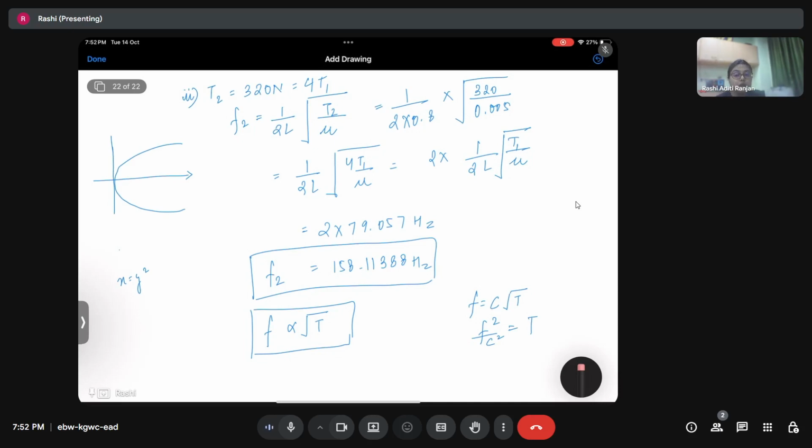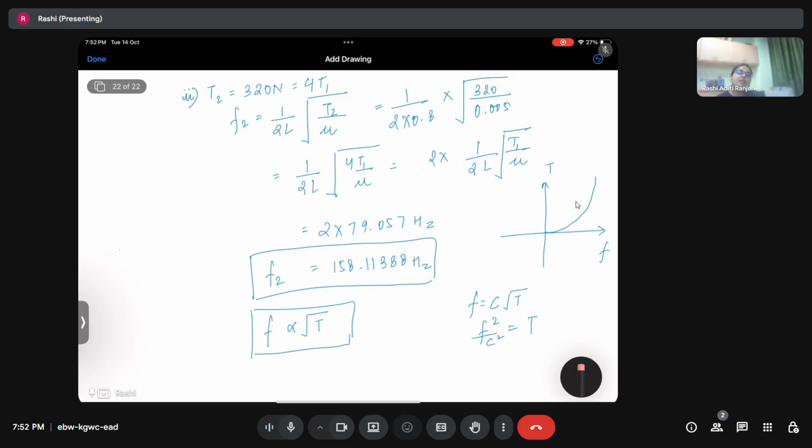We want tension in the y-axis and f in the x-axis. Like this, positive side because frequency cannot be negative, definitely.